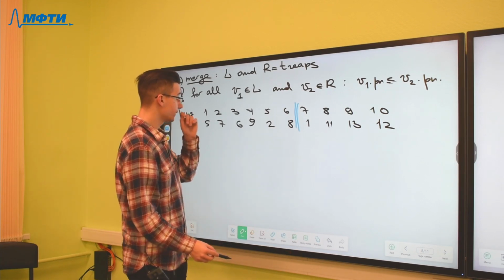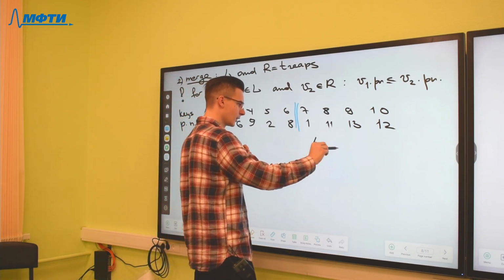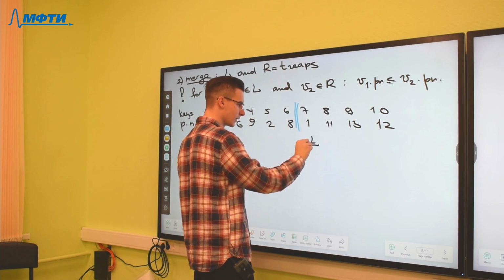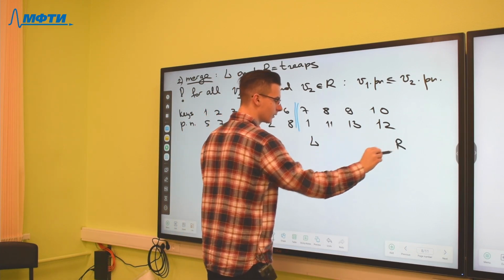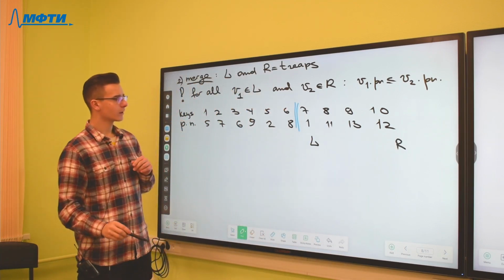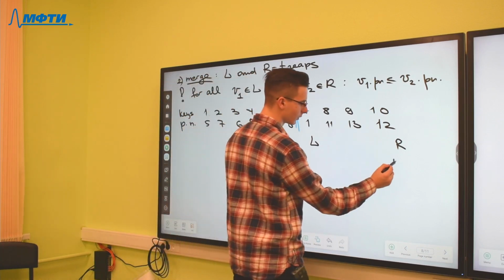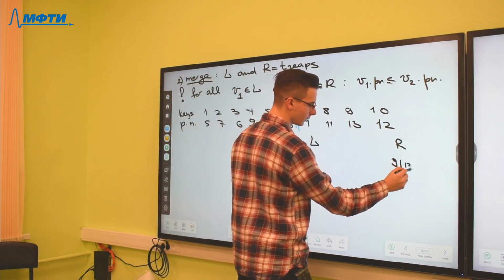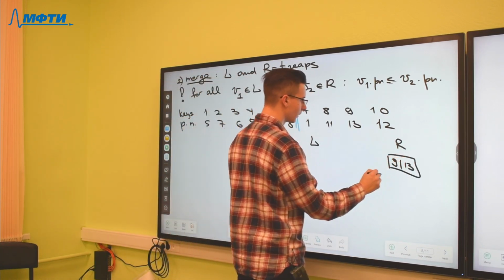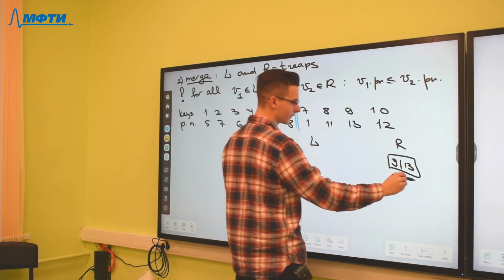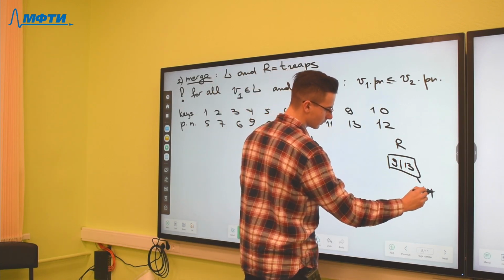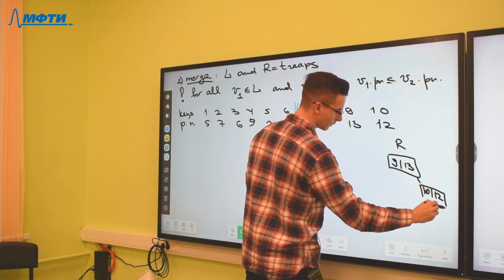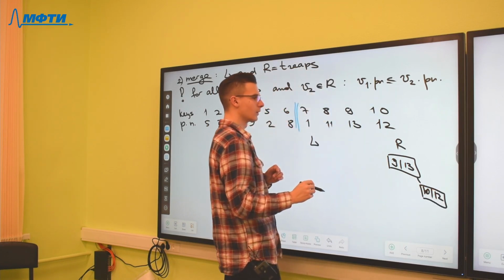We get two trees, and I name them L and R. In R we have 9, 13, then 10, 12.